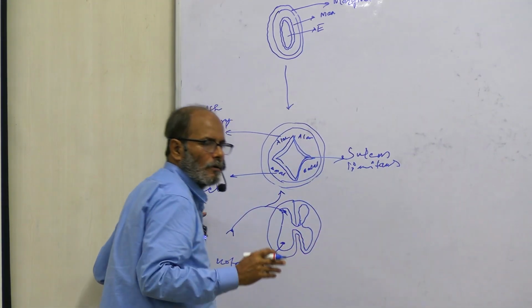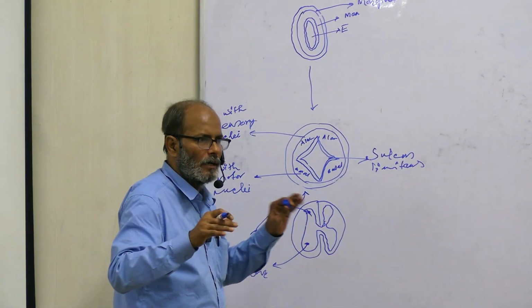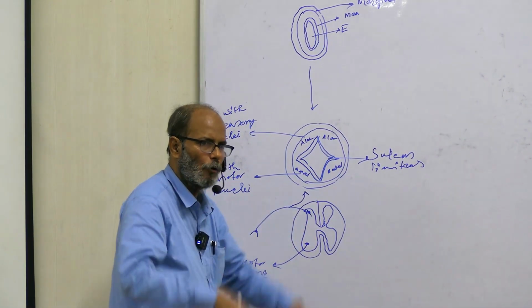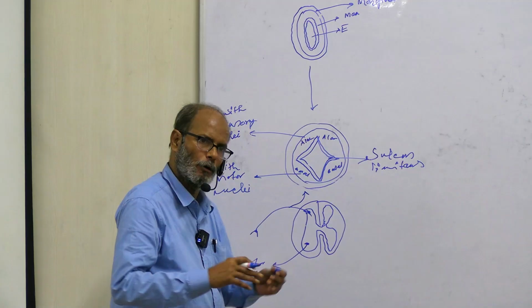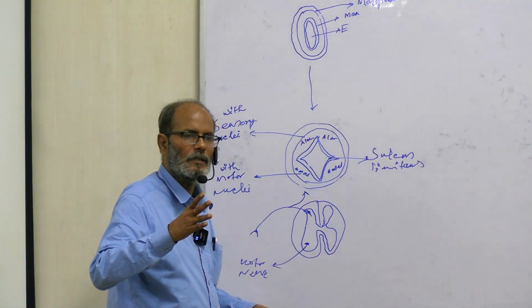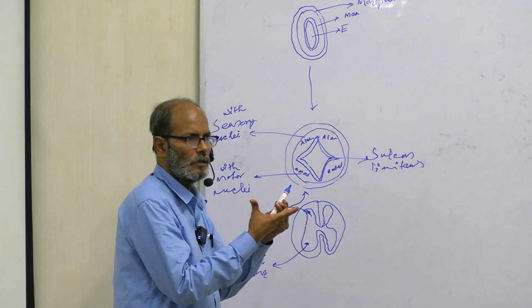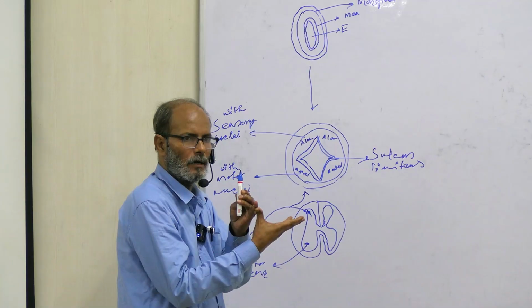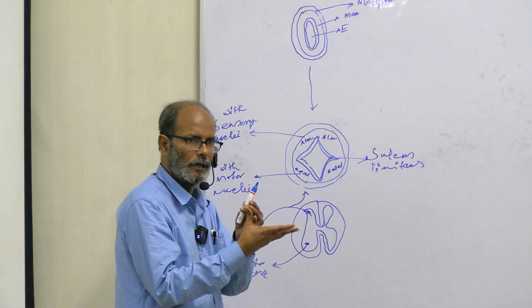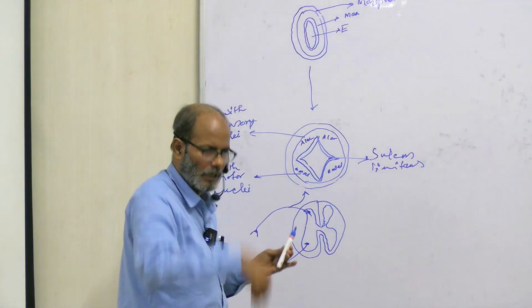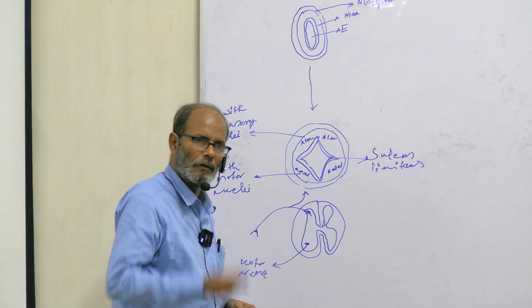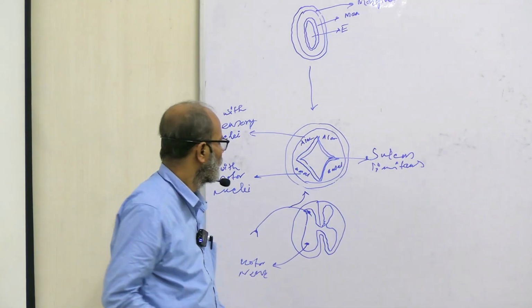After the formation, sulcus limitans appears to be oriented laterally, but it is actually oriented longitudinally. Got my point? This one is the sulcus limitans, this one is the sulcus on both sides, but it is running vertically downwards. Got my point? Longitudinal orientation.